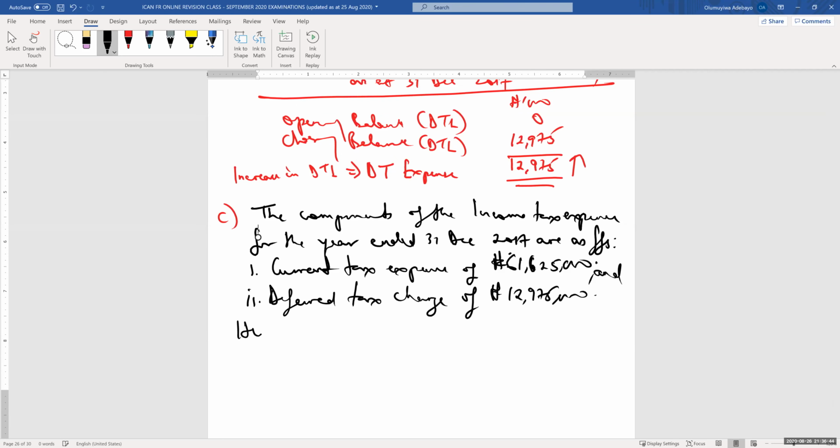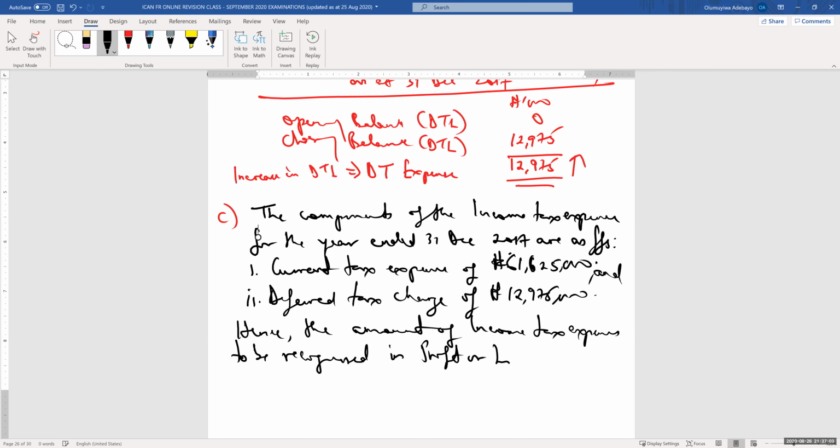Hence, the amount of income tax expense to be recognized in profit or loss is, what is the total of the two? 61,625 and 12,975, everything sums up to 74,600,000 naira.